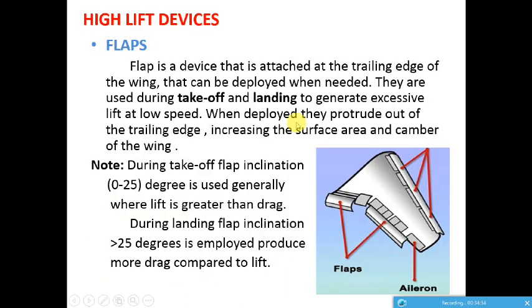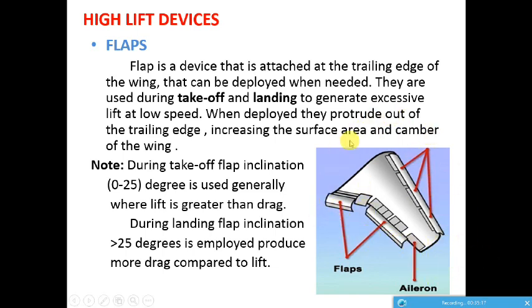Okay, so we had already discussed some high lift devices such as flaps, slats, slots, vortex generators, winglets. Now we are going to have a brief discussion of these devices in detail. So flaps. Consider the wing planform, a single wing.